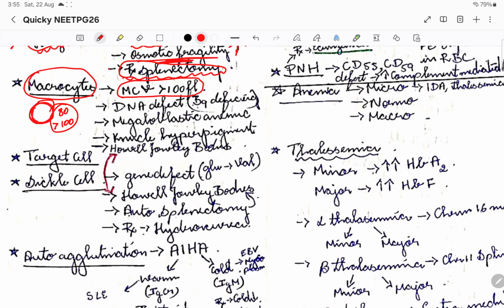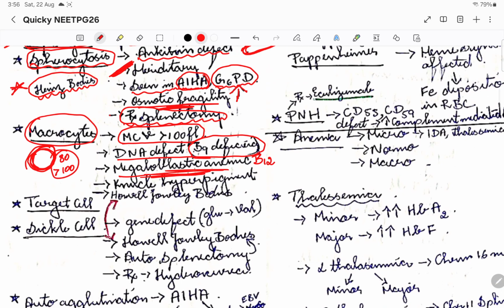Okay. So this happens because of a DNA defect, we discussed in biochemistry, right? B9 and B12 deficiency will cause megaloblastic anemia because there is a DNA defect. That is where the structure of the RBC is lost and it can increase its size. So that is what is called megaloblastic anemia. Okay.